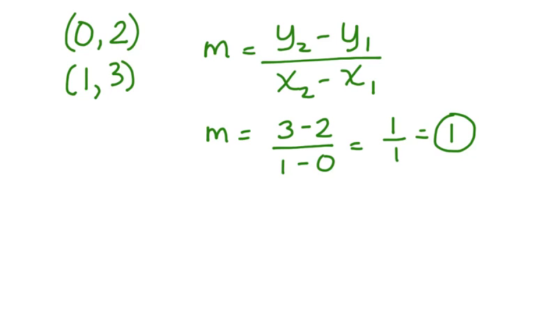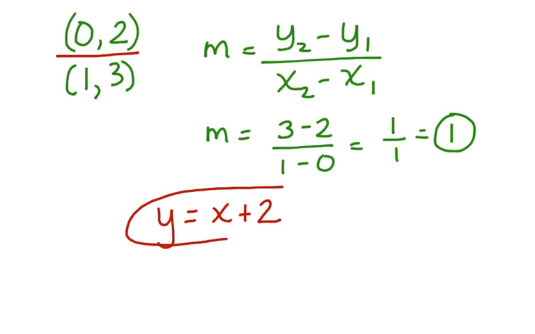Now we already know that this line intersected the y-axis at 0, 2. So 2 is our y-intercept. Now we can write the equation of the line. And we write it in slope-intercept form. y equals x plus 2 is the equation that goes with our line of best fit.